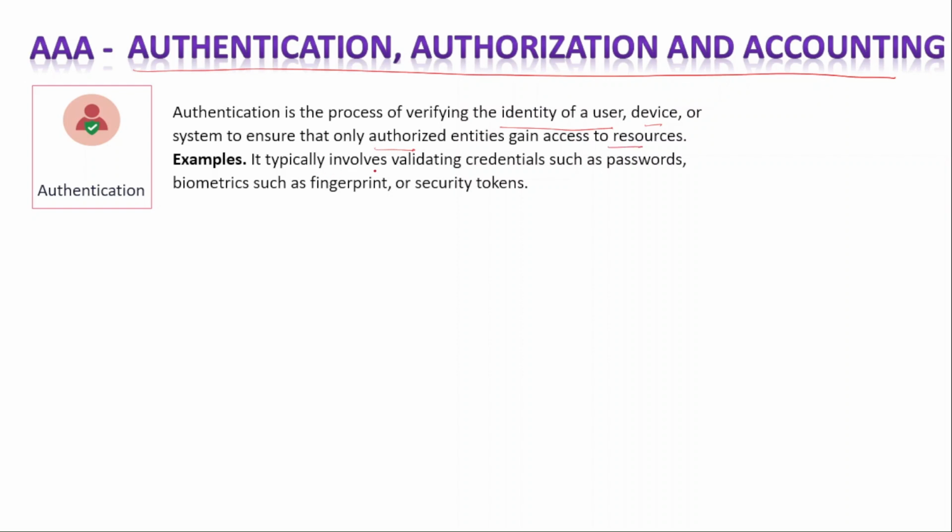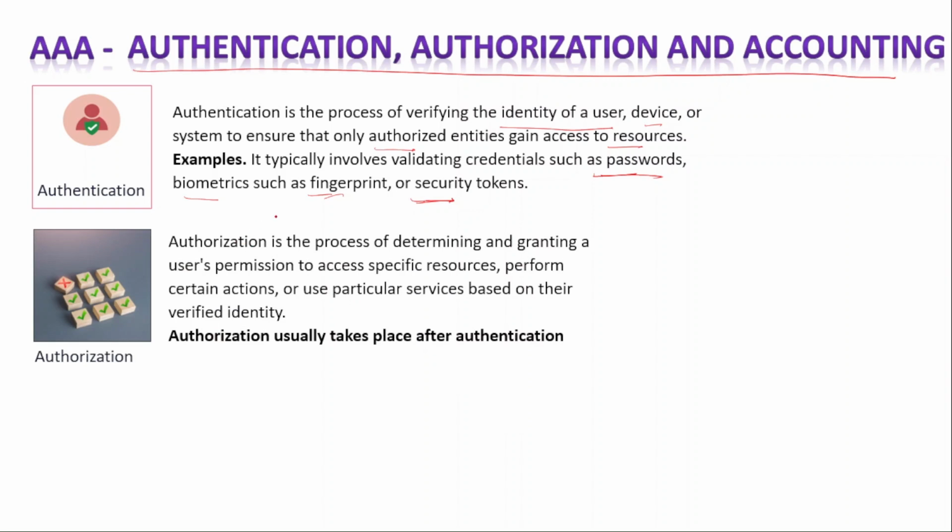It typically involves validating credentials such as passwords, biometrics such as fingerprints, or security tokens. So these are different types of authenticating factors that we will study in a moment.